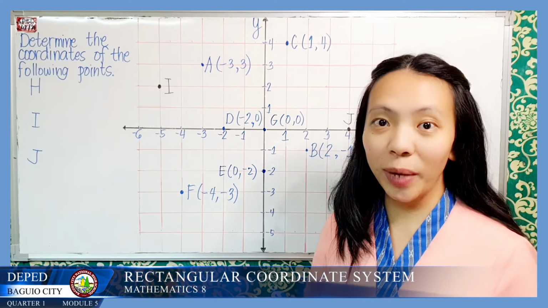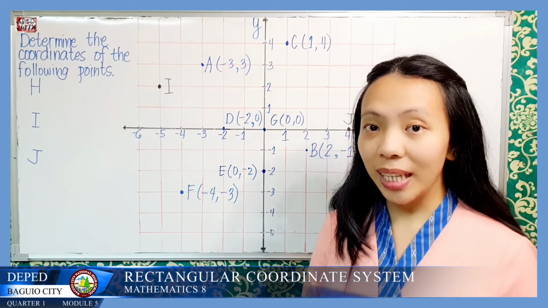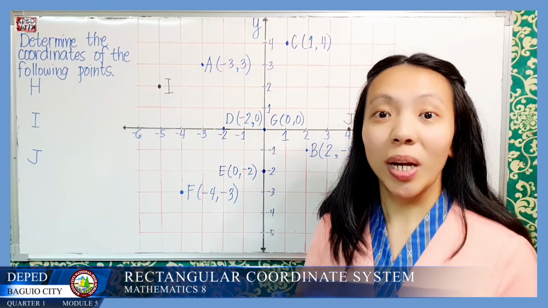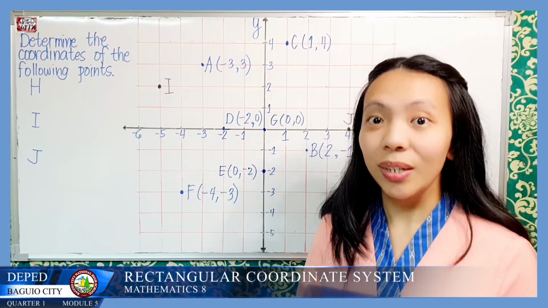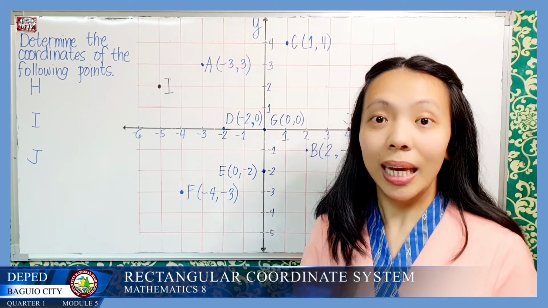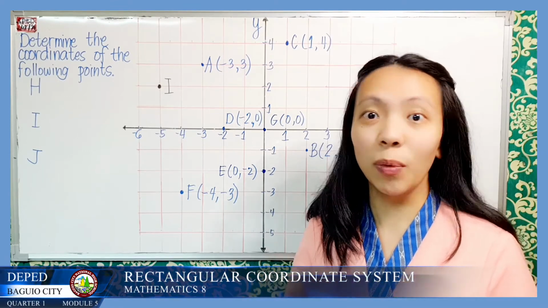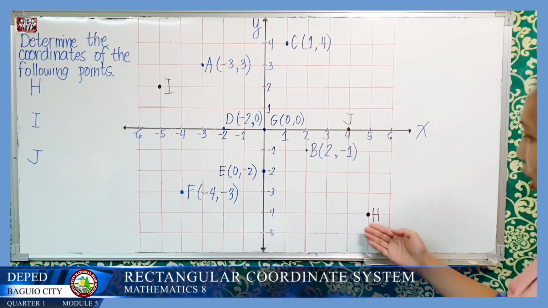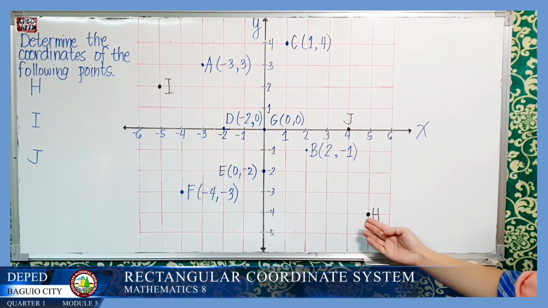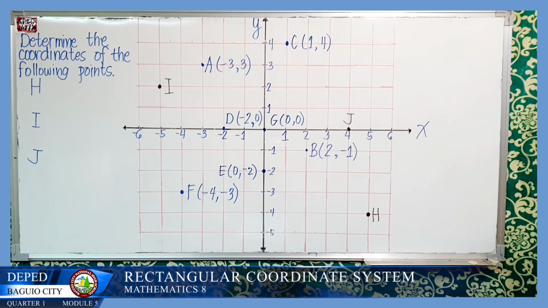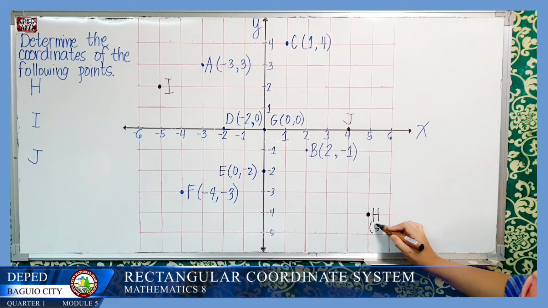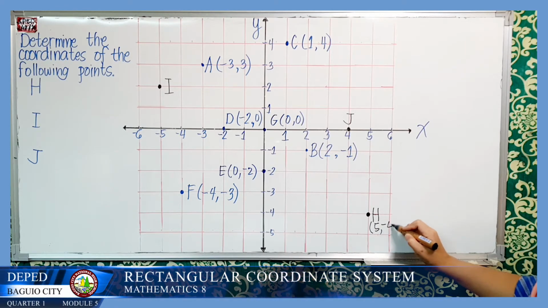Let's do it the other way this time. Instead of us plotting the points in the Cartesian plane, we are now going to give the coordinates of the points that have already been plotted in our Cartesian plane. Let's start with point H. Point H is plotted or located here. Its coordinates are 5, -4.